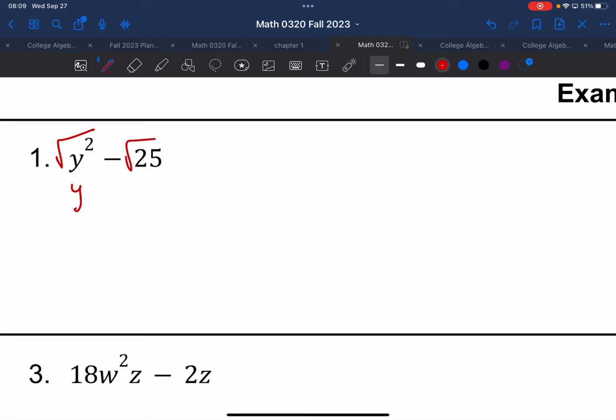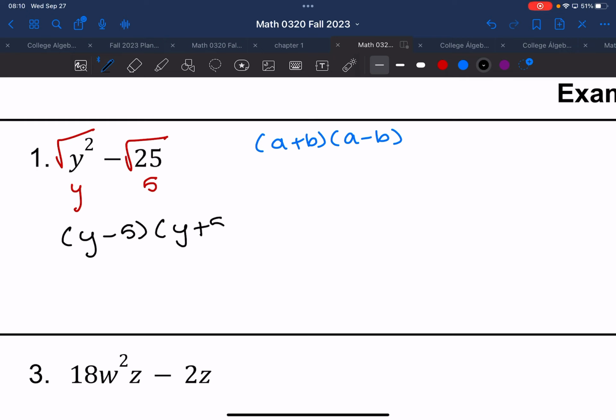And we could take the square root of 25, and that's going to give us 5. So from our definition above, we know that it's going to look something like a plus b, a minus b. Meaning when we write our two factors, one factor is going to have a plus, one is going to have a minus. So that means our answer here is y minus 5, y plus 5.